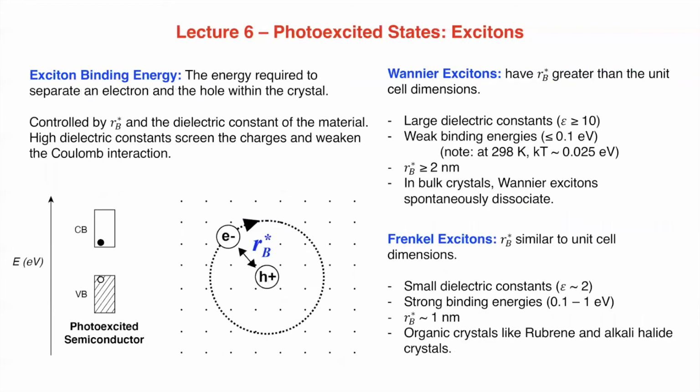Okay, so Wannier excitons are large. They form in inorganic crystals with high dielectric constants, and delocalized charges in bands that are strongly interacting. Frenkel excitons form in organic crystals and in materials where the bands are sort of flat and charges are heavy.